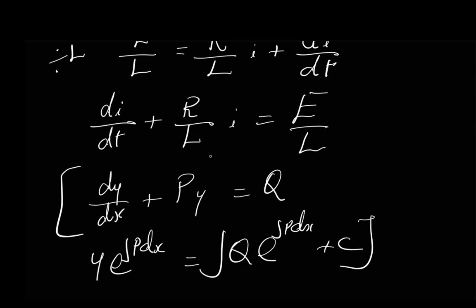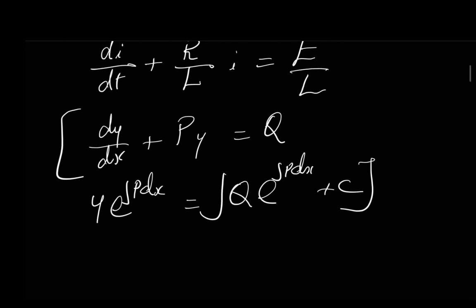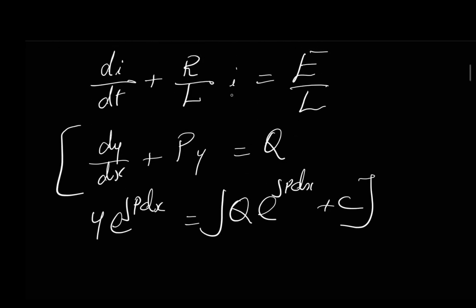Same thing here: i with respect to t, so we replace y with i and x with t. The coefficient of i is R/L, so take P = R/L, and Q is a function of t, Q = E/L.